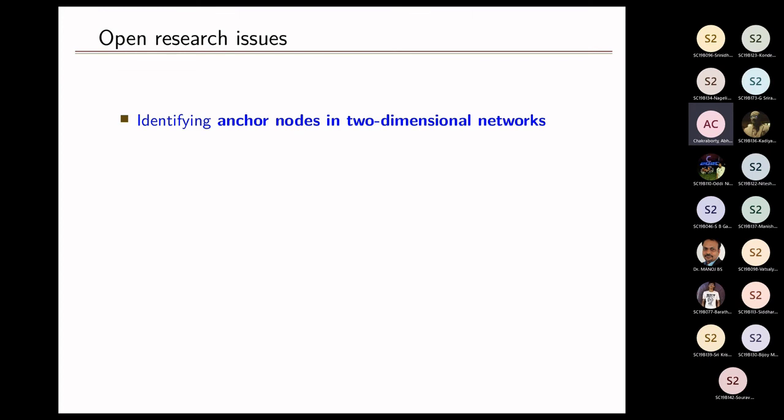Another big thing is to identify anchor nodes in a 2D network or maybe a 3D network, because still in 2D network, we did not find such a particular node. Like here in a string topology, we have found 0.2n and 0.8n, but for 2D network, it is difficult to identify where that particular anchor will come.